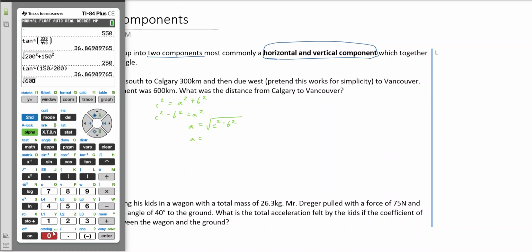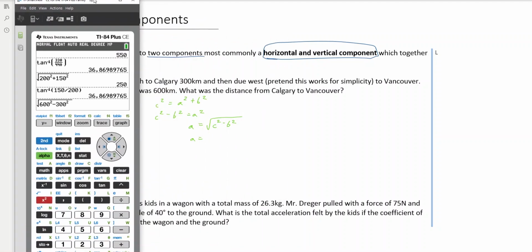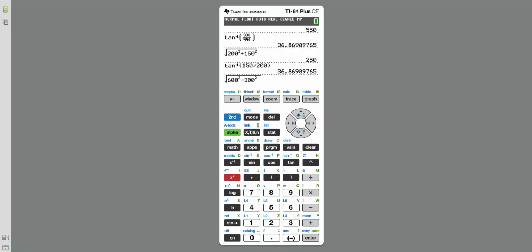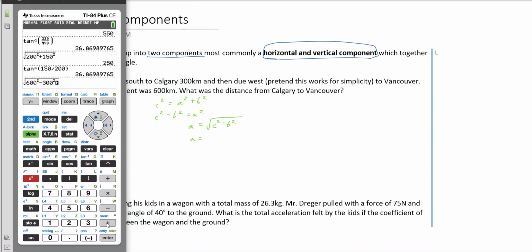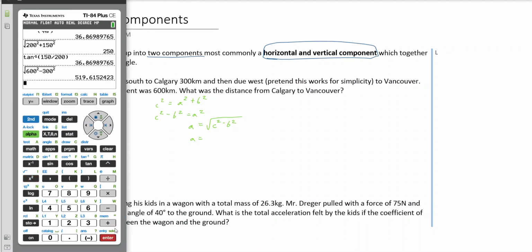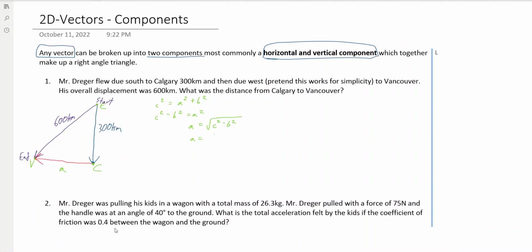So 600 squared minus, what did they say, 300 squared? I tried to make it roughly, approximately correct based off of what I could find on a map, but it's not exactly. But anyways, what is the distance from Calgary to Vancouver? 519. This is not exactly precise, but it gives a rough idea.